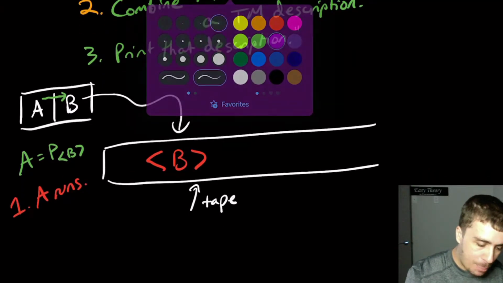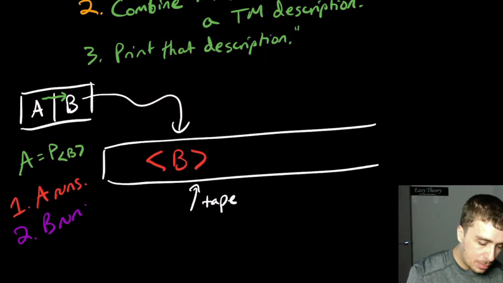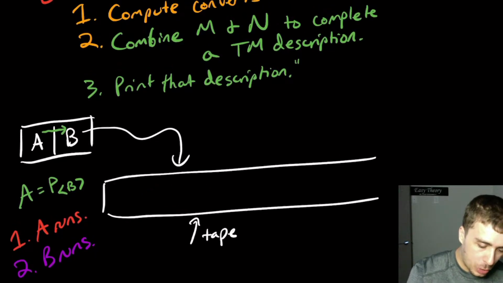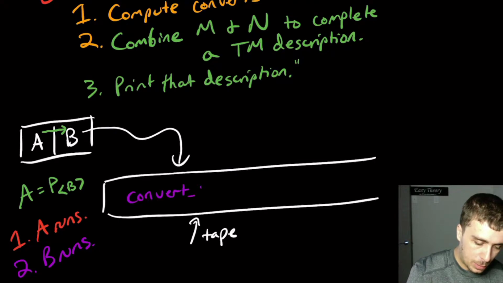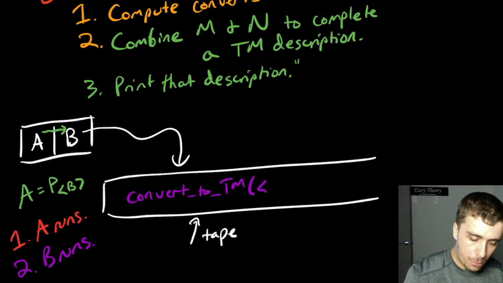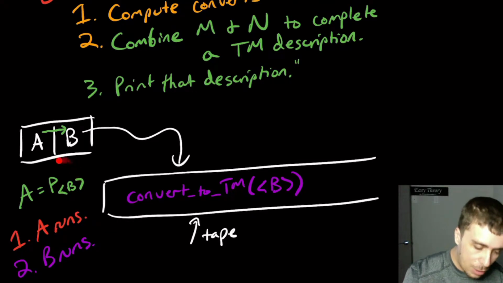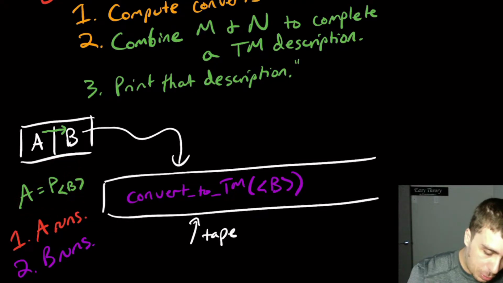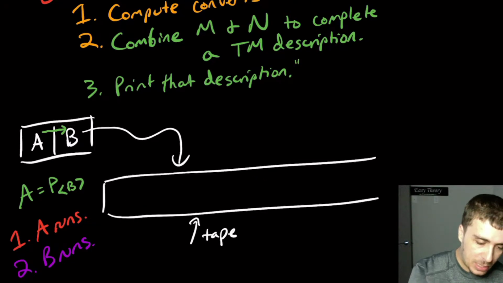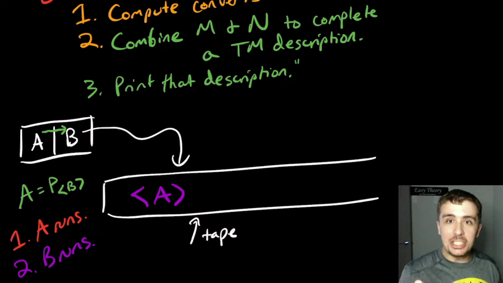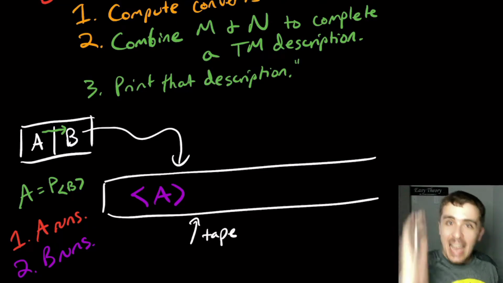So what happens when B runs is that the convert to Turing machine function of B here is going to be on the tape. Well, that's literally what A is. So this thing that's on the tape is now A. So A started and A is now on the tape.